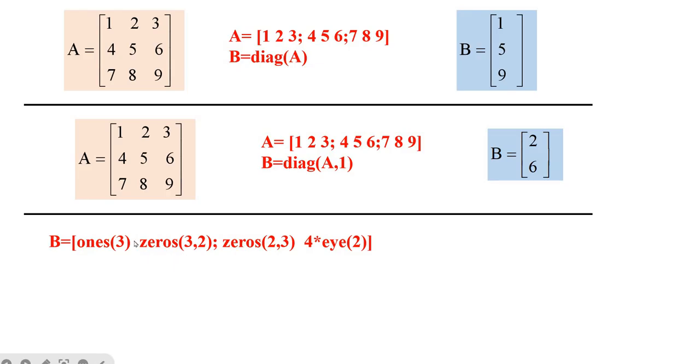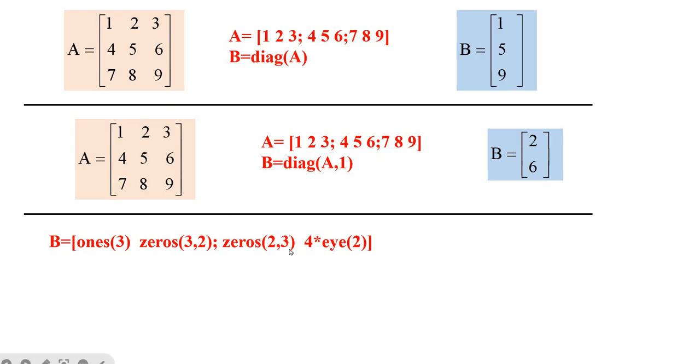Then zeros. It should contain a matrix of 3 cross 2 with all elements zeros. Then, this is about the second row, but here it will create 3 rows 3 columns.